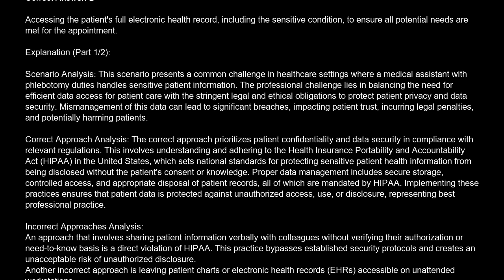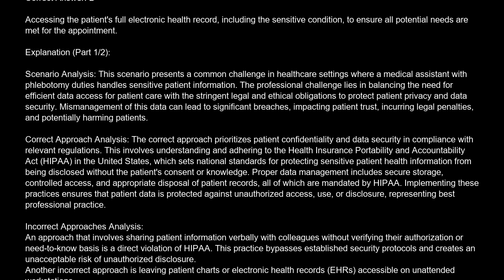Proper data management includes secure storage, controlled access, and appropriate disposal of patient records, all of which are mandated by HIPAA. Implementing these practices ensures that patient data is protected against unauthorized access, use, or disclosure, representing best professional practice.